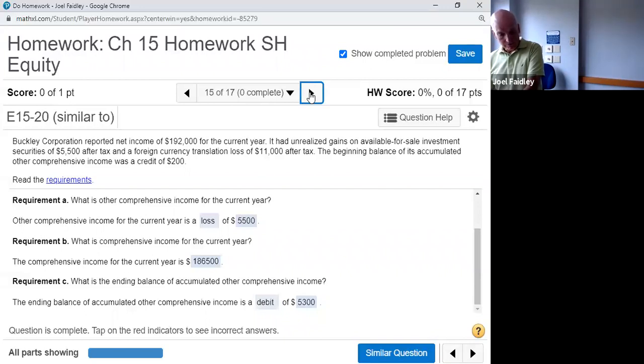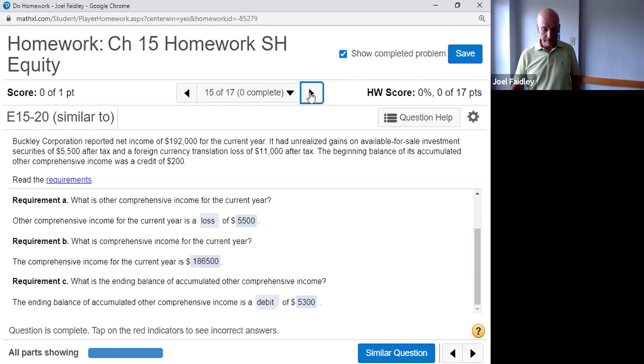And foreign currency translation loss of $11,000. Beginning balance was $200. So other comprehensive income for the current year is a loss of $5,500, which is our $11,000 loss minus the $5,500 gain. So that's the $5,500 loss in requirement A.